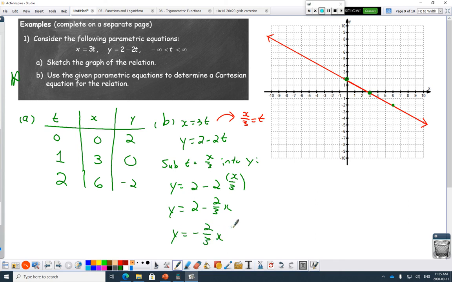I've done this really fast while talking, so let's make sure I haven't made a mistake. It looks beautiful to me. My old friend y equals mx plus b, yeah? I can even look at my graph and say, is it right? Y-intercept 2, down 2 over 3, yeah, I got it. Okay.